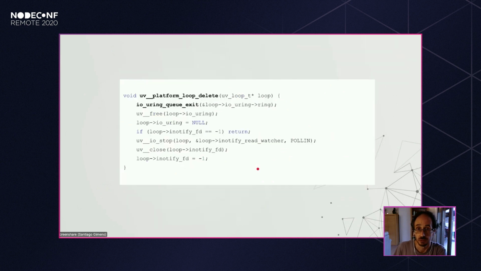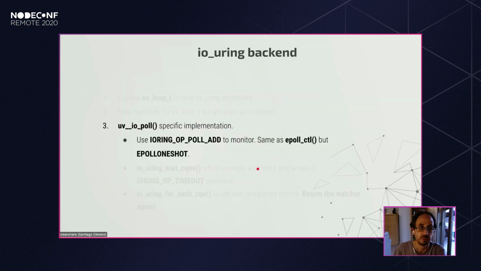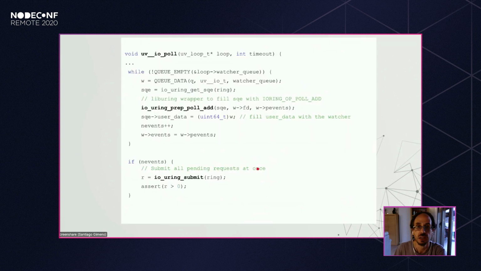On the platform loop delete function, the io_uring instance is destroyed and removed from the loop. Finally, a new uv__io_poll implementation is also needed. In order to track watchers' activity, we'll go through the loop watcher queue and basically perform the same dance we used in the previous example I showed you.